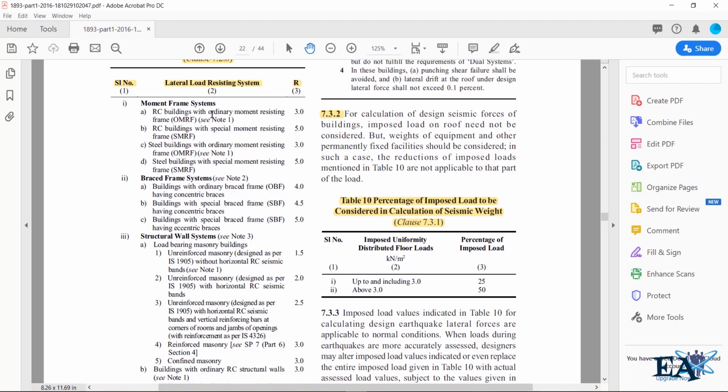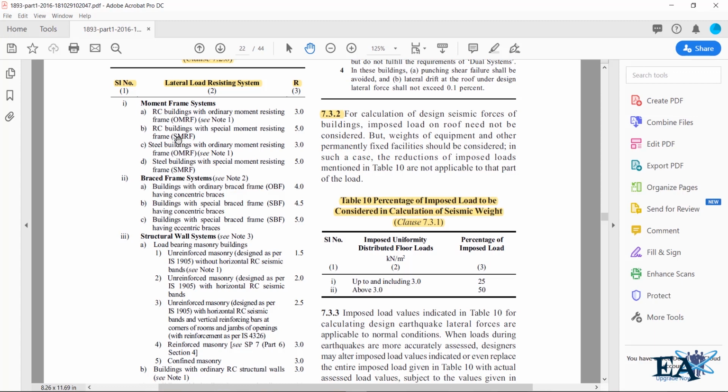So RC buildings with ordinary moment resisting frame, that is OMRF buildings. These OMRF buildings are those which have been designed using the design code, for India it's IS 456, but they haven't been detailed using the detailing code, that is IS 13920. So they haven't been ductile detailed. Okay, they have been designed as per the code but not ductile detailed.